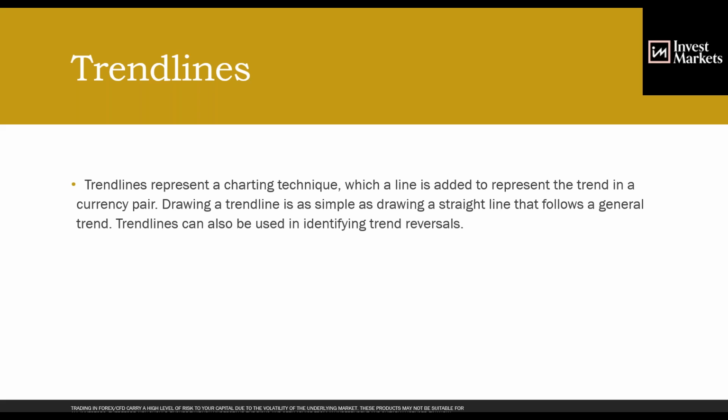Now, trend lines are a charting technique in which a line is added to represent the trend in a currency pair. Drawing a trend line is as simple as drawing a straight line that follows a general trend. Trend lines can be used to identify trend reversals or the strength of a current trend.